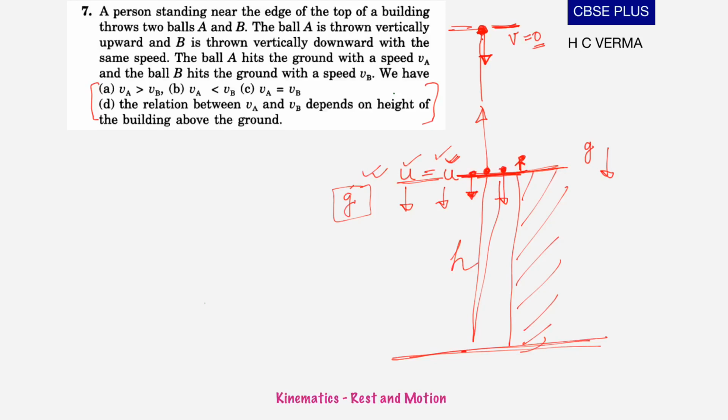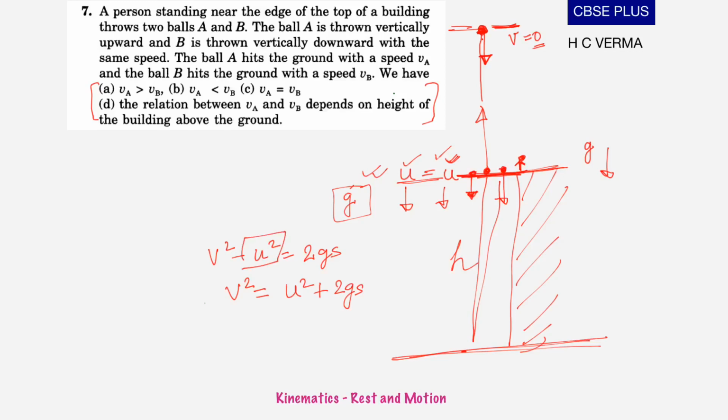Using the formula v square minus u square is equal to 2gs, we can write in further steps that v square is equal to u square plus 2gs.